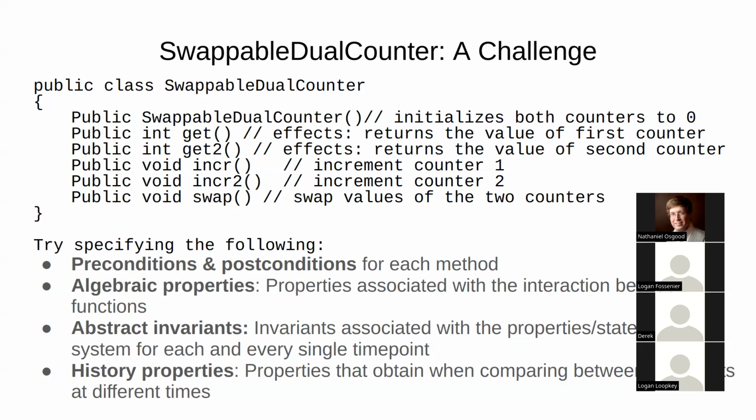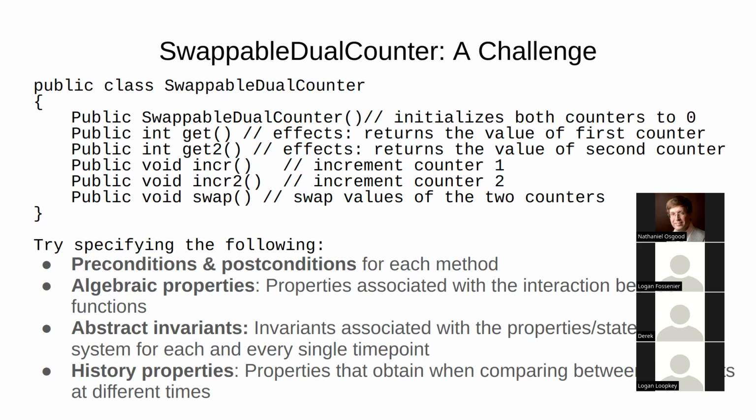Hey, that can save us. That's like optimization territory. We don't have to do these increments before that, right? If there's no gets along the way, no get twos along the way, no swaps along the way, right? Starting to get a bit of a flavor of those algebraic properties.